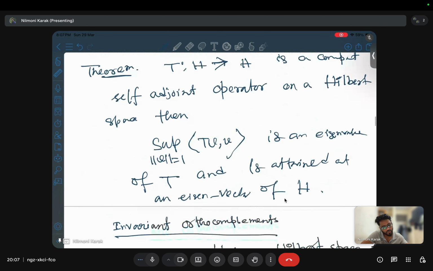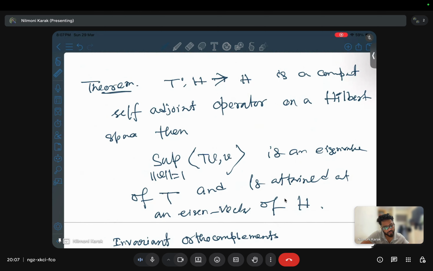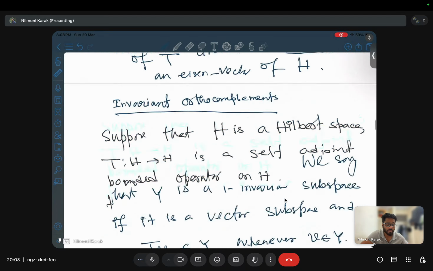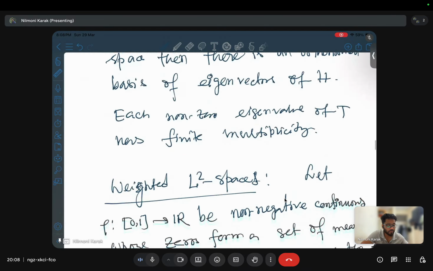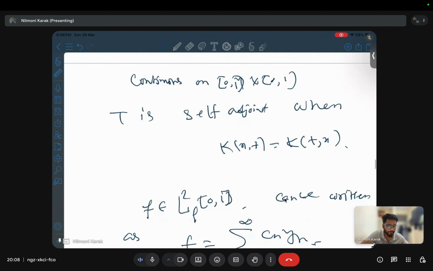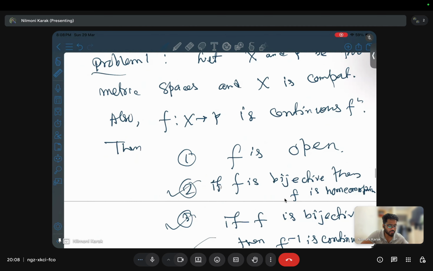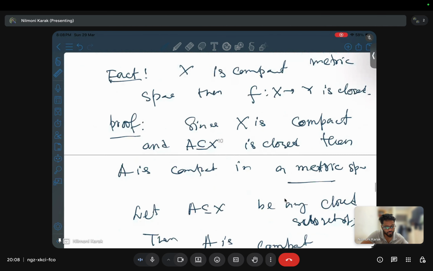If T is a compact self-adjoint operator on a Hilbert space, then this is an eigenvalue of T and is attained at an eigenvector of H. So you can find it in the lecture notes, the proof.